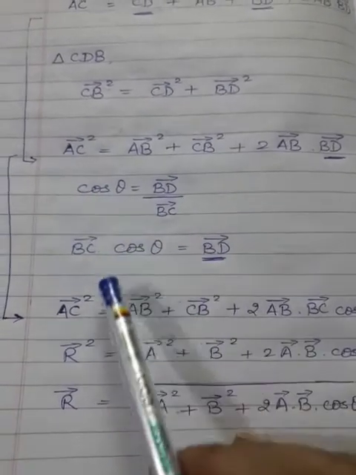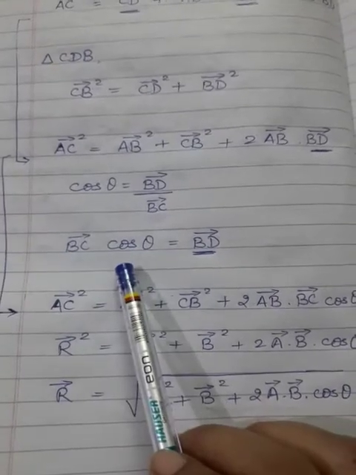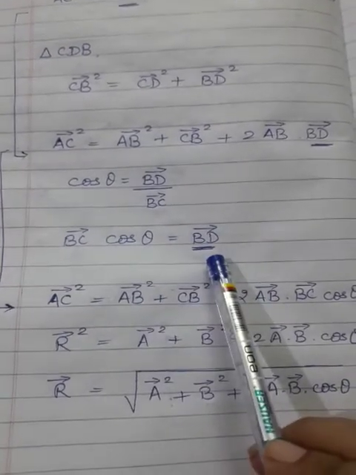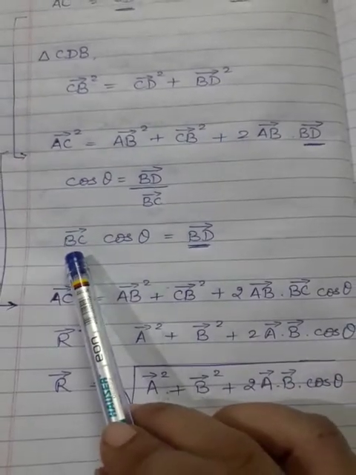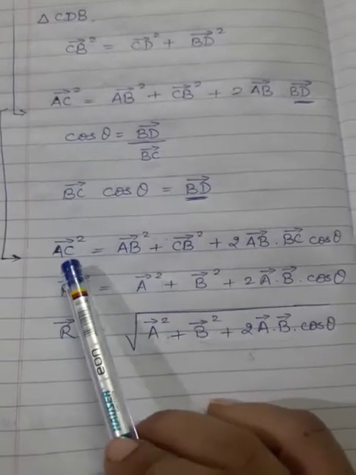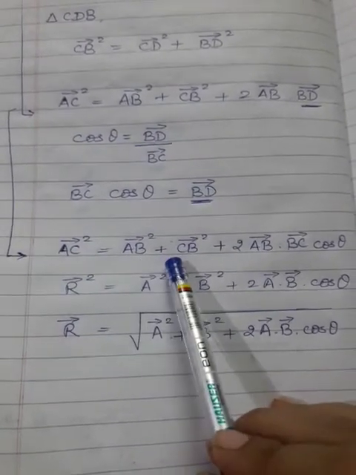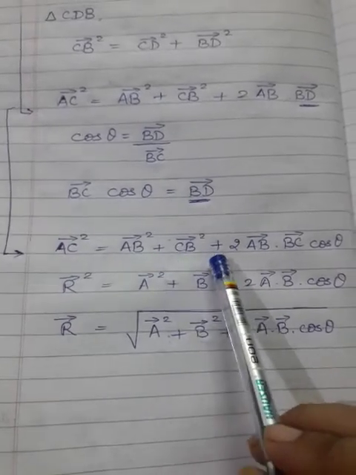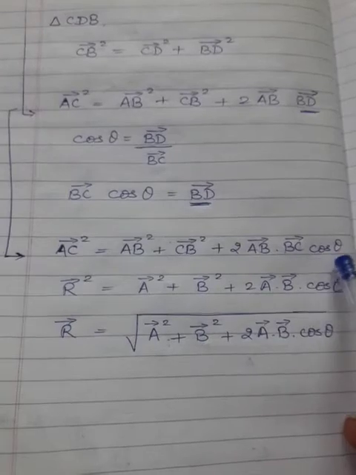Cross multiplying, we get vector BC cos theta equals vector BD. Now replace vector BD with vector BC cos theta. Hence, our equation becomes vector AC square equals vector AB square plus vector CB square plus twice vector AB into vector BC cos theta.